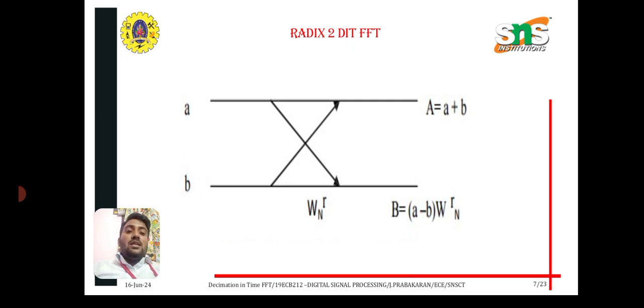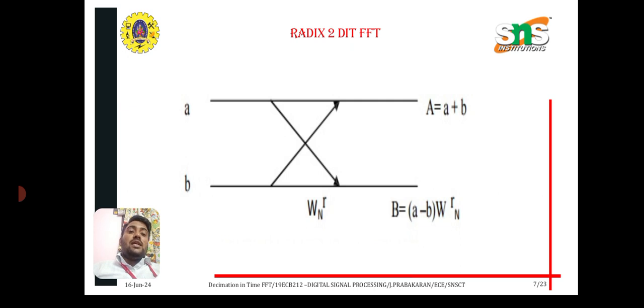This is the basic diagram. There are two inputs, small a and small b, and the output for small a is capital A, and the output for small b is capital B. Here we are using radix 2 DIT, so only one cross, and W N of r is nothing but the twiddle factor.